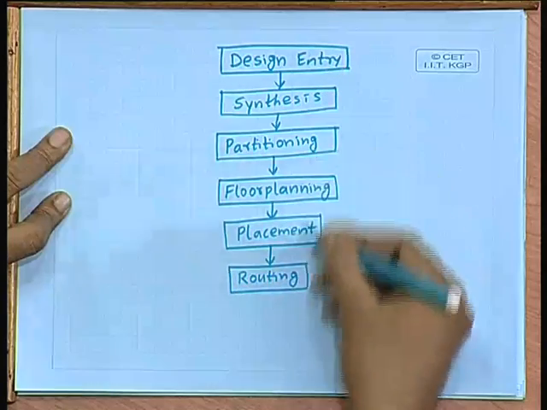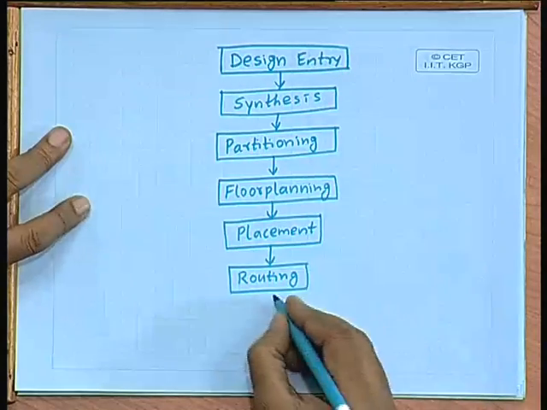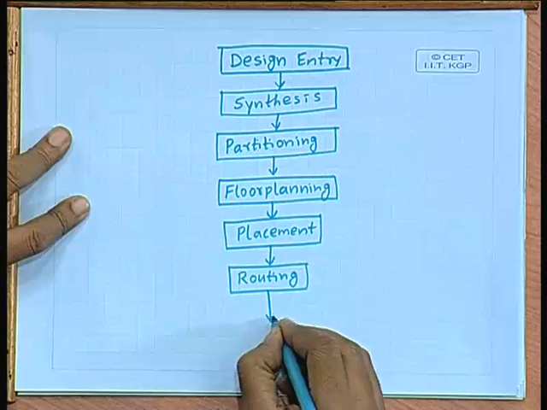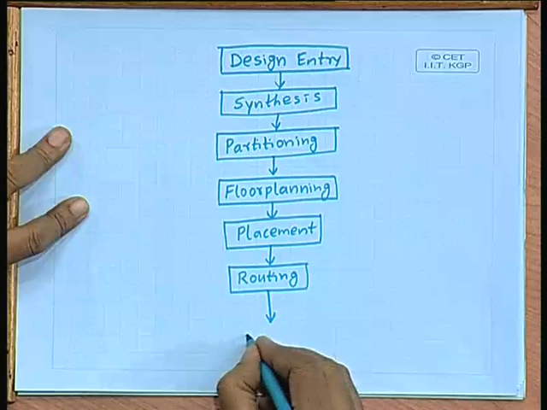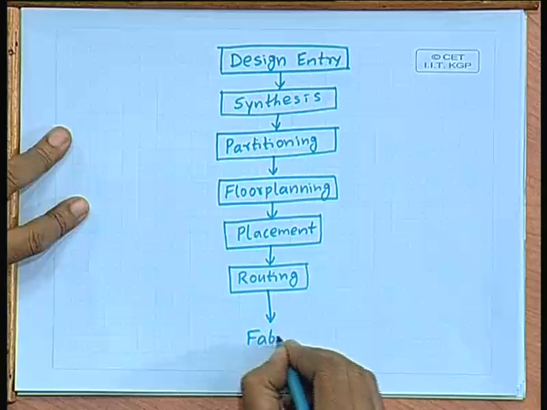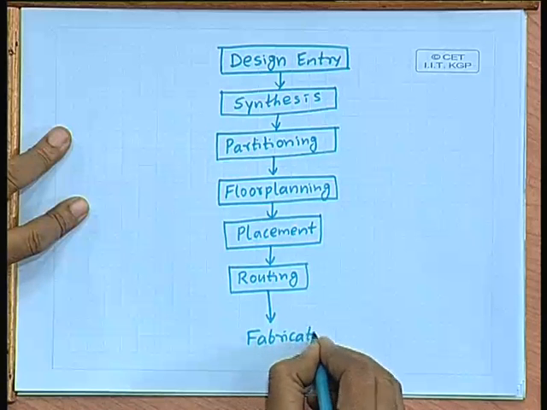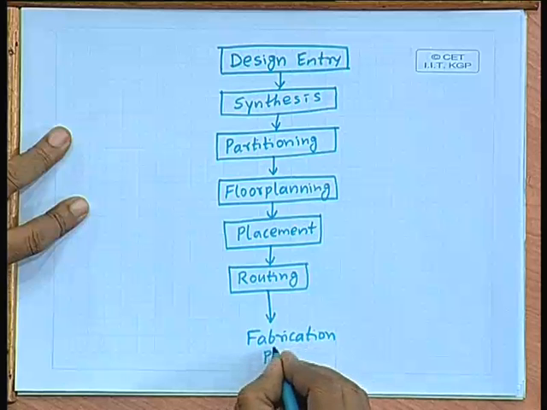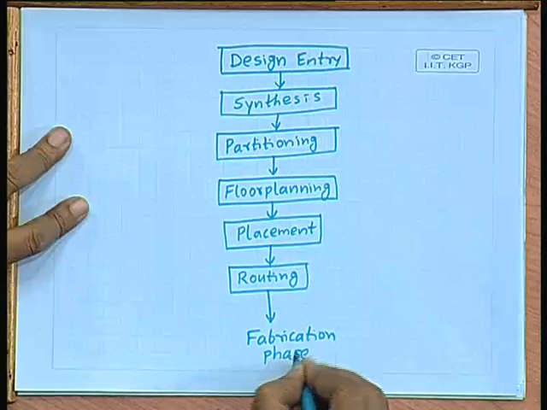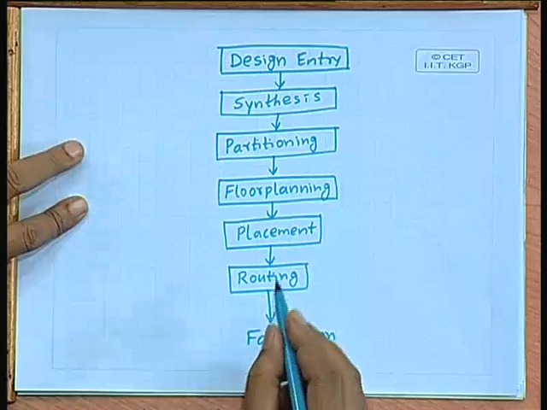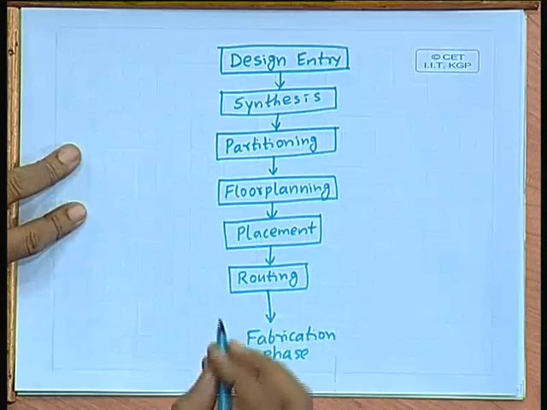Well, in this flow I am not showing compaction, but compaction is implied. So, from the output of routing you can move on to the fabrication phase. I am not going into detail of this because we are not that much interested in the fabrication phase. After the routing phase, the layout is ready.